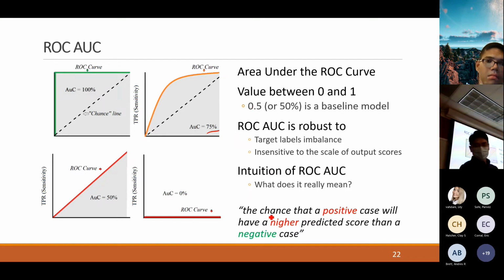It means, let me move this, it means there is a 75% chance that a positive case, a positive outcome, COVID let's say, given your model, will be assigned a higher predicted score, which is the activated value of neural networks.